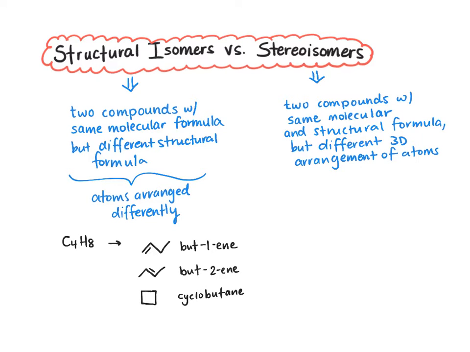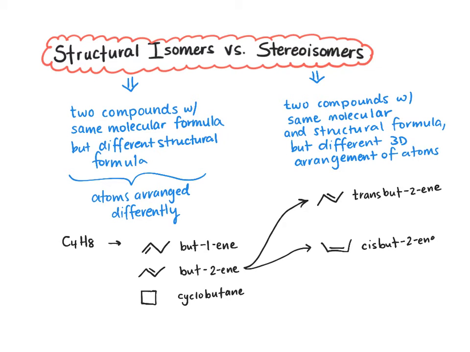And I'll keep using C4H8 as my example, and I'm going to take but-2-ene, and I'm going to show that we can draw this in 2 different ways. So we can draw it as I've drawn it there, with our double bond in the middle. We can also draw this structure this way. The top structure is called trans-but-2-ene, and the bottom structure is called cis-but-2-ene.